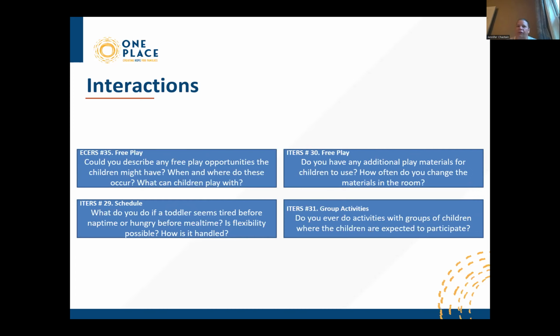So all of your schedules should identify when your free play is. It should be for at least one third of the day. So for a 12-hour center, that would be 4 hours daily. But make sure it's identified on your daily schedule, and that it is available for the children often throughout the day.